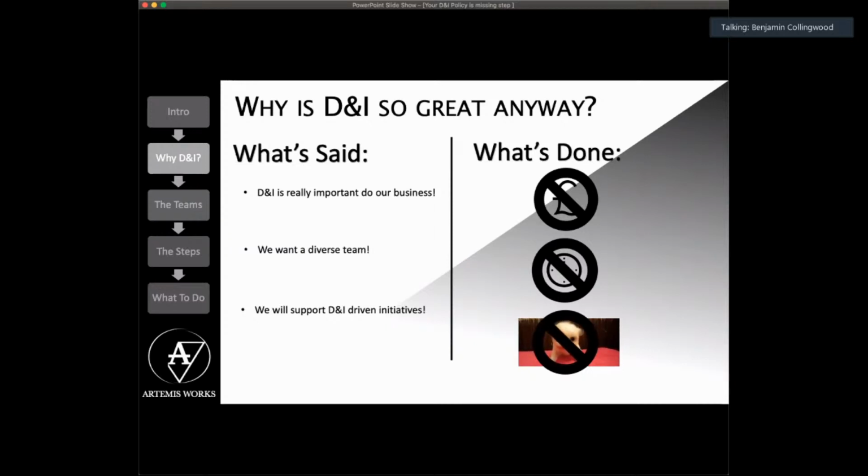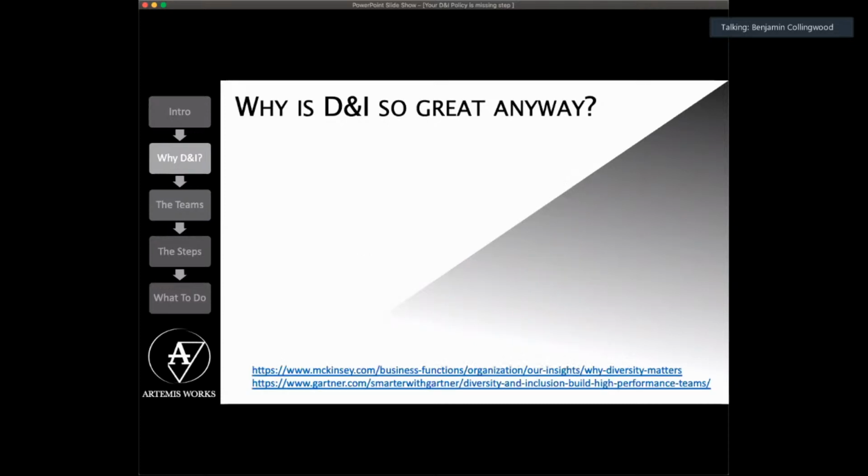They wanted a diverse team, and they were willing to support D&I driven initiatives. But when it came down to brass tacks, they weren't willing to pay more money, spend more time, or wiggle on requirements. And I started to think, why is that? Why is it that people are doing that?